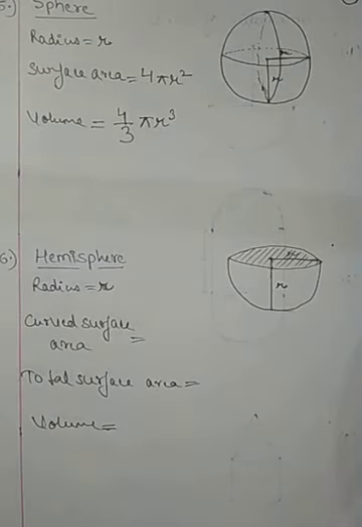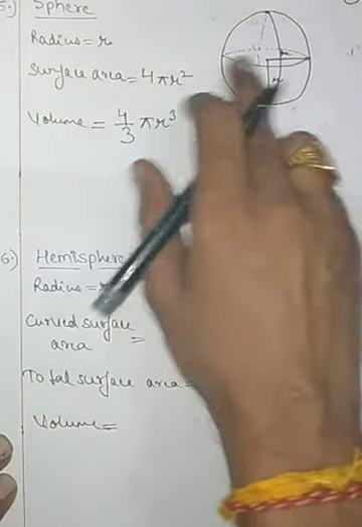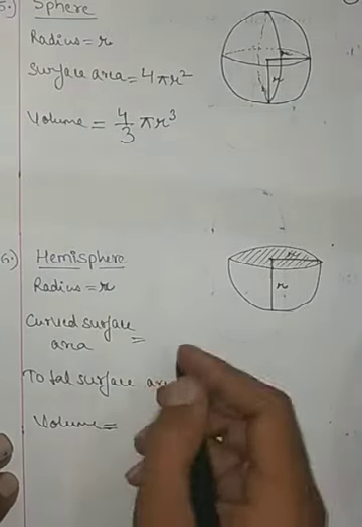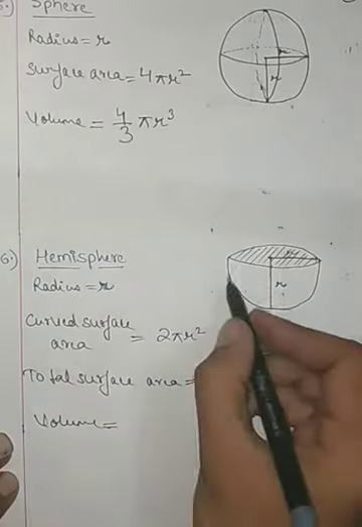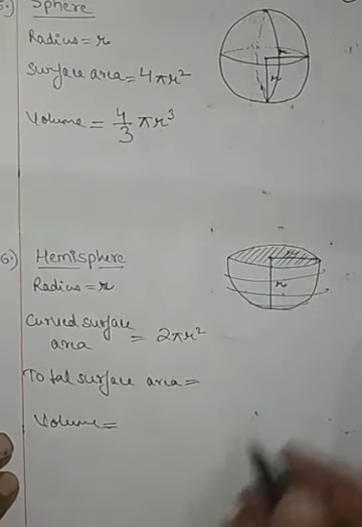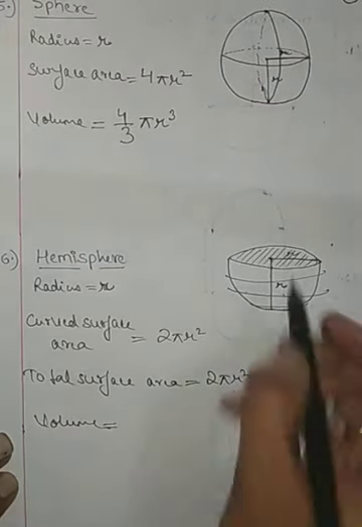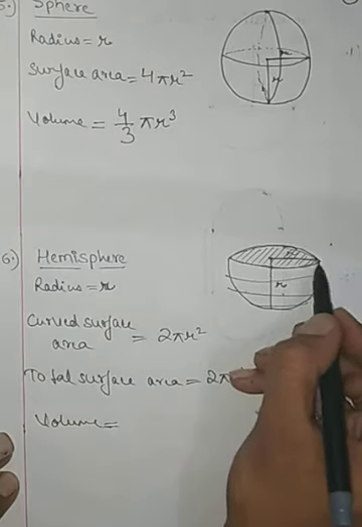Coming to the hemisphere, if I take a knife and chop down the sphere from the middle into two equal parts, then the curved surface area will be 2 pi r square. Total surface area will be 2 pi r square, the curved surface area, plus when I chop this, a new surface will be formed.